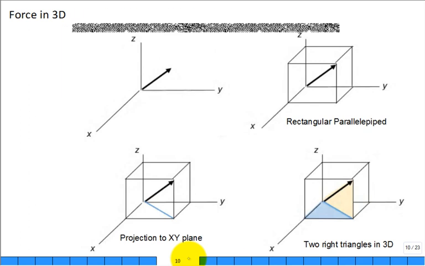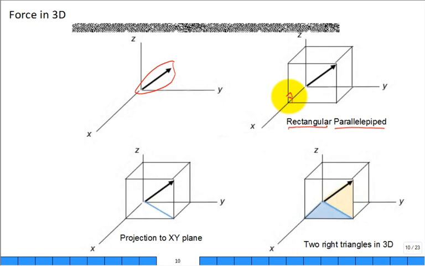All right. We want to be able to represent a force, that's a vector, in 3D. Here's a force represented in 3D. When you start, I would construct what they call, don't you love these words, a rectangular parallelepiped, such that all of the interior angles are 90 degrees.